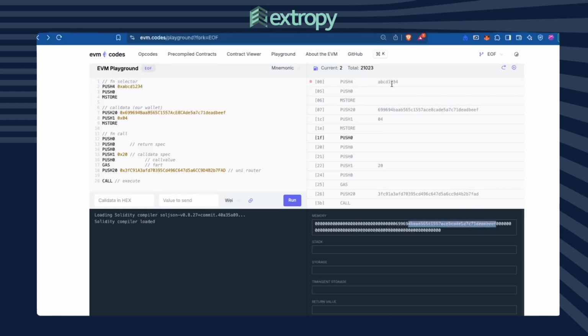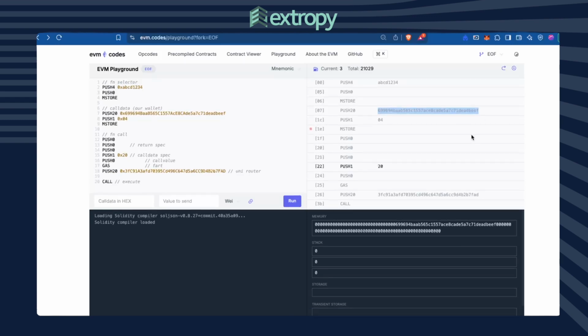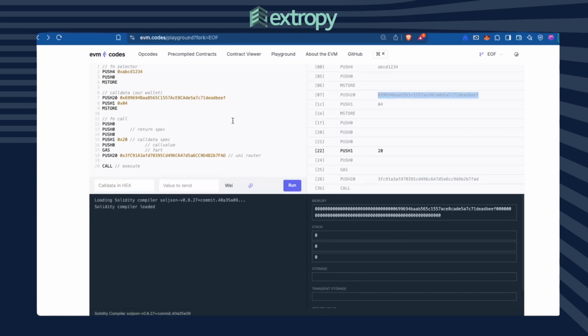The first piece of memory was just this, and after that we've put all of this. Okay, hope that's clear. And then we're putting some zeros on the stack. Yeah, so this is that.